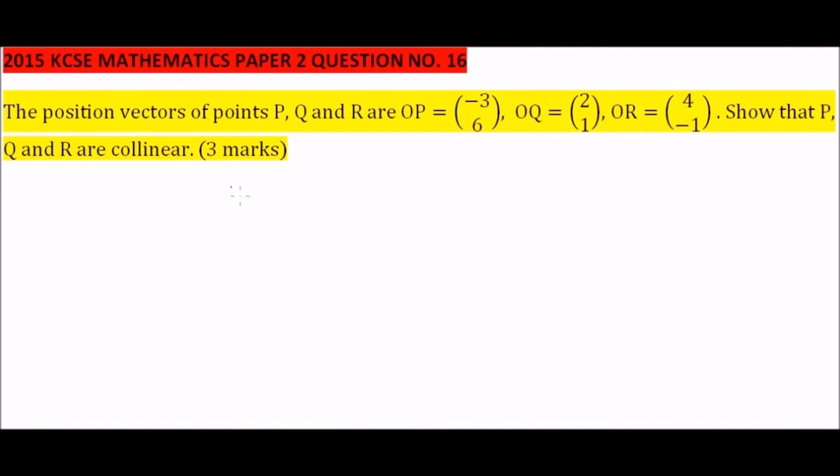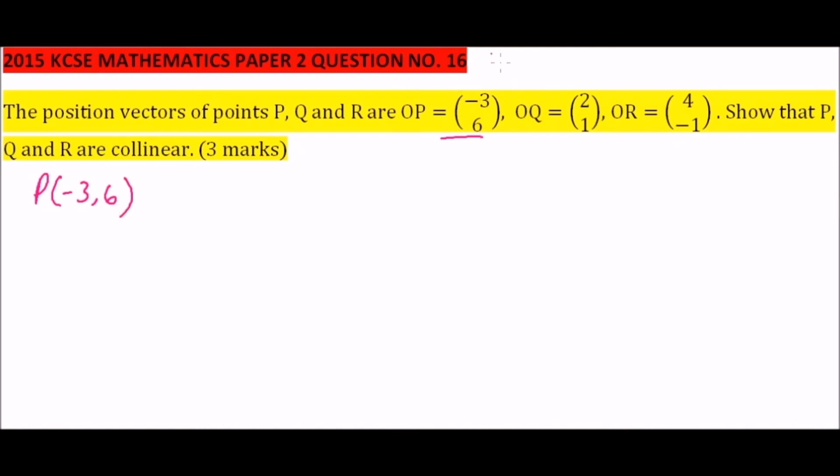So this is vectors that you covered in Form 2. And the first thing you should understand is the relationship between column vectors and position vectors. So if OP is minus 3, 6, then the coordinates of P are minus 3, 6.